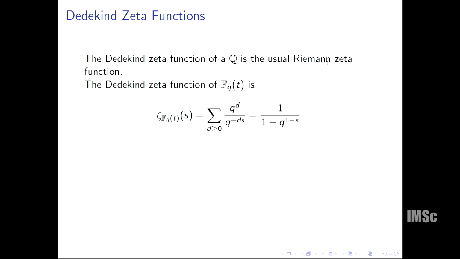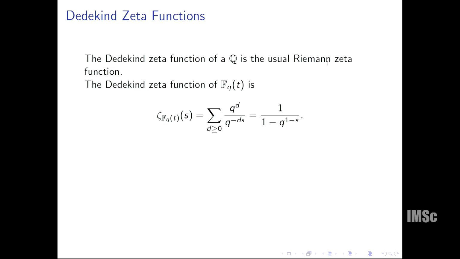Rational numbers correspond to rational functions, and the Riemann zeta function is related to just counting integers, so to speak. This one is related to counting monic polynomials, and it ends up having a very nice and simple form. It's actually much simpler than the Riemann zeta function, which is much harder to understand, but this is very simple. It's just given by this very simple formula.